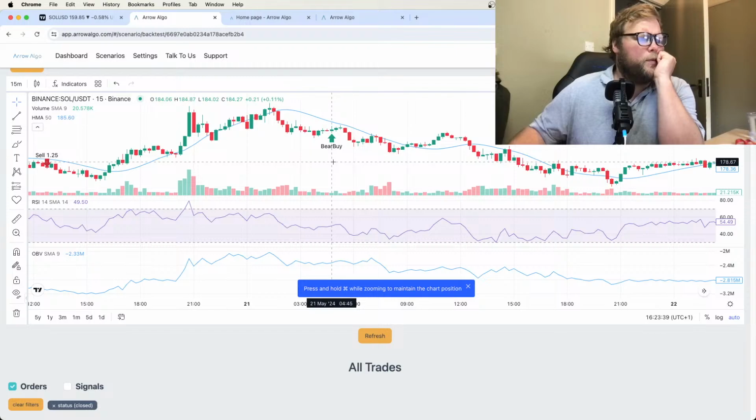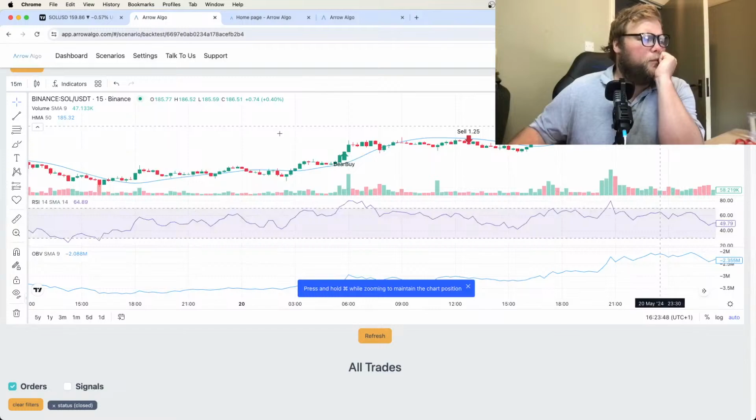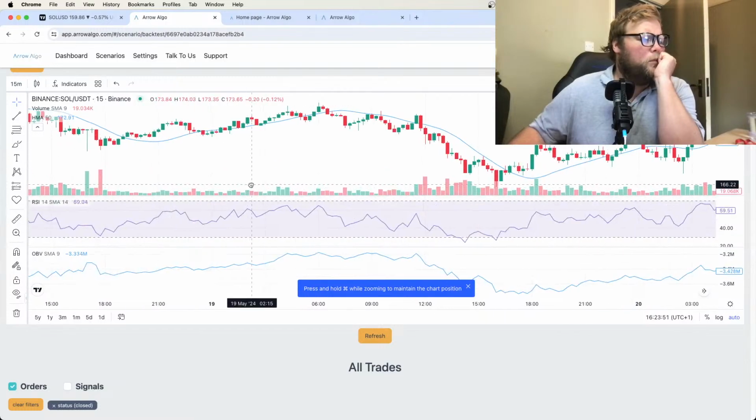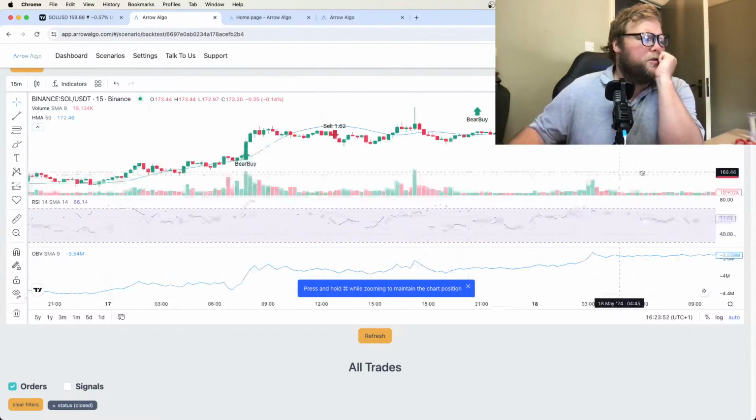The 21st of May was when we bought in there. We can see a little bit of divergence on the volume. Let's have a look at March.